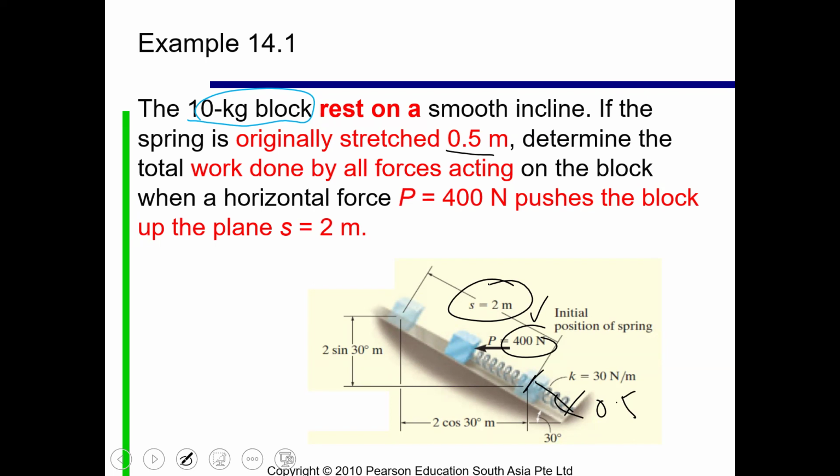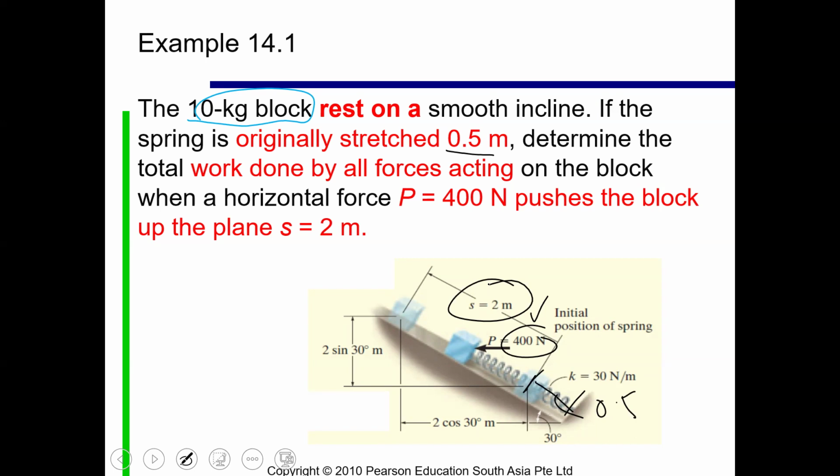So what do you think? What should we do? What is needed here? First identify how many types of work done you see, the different types of forces, how many work done are involved when you try to compute or solve this. How many types of different work done do you see in this problem? 2.